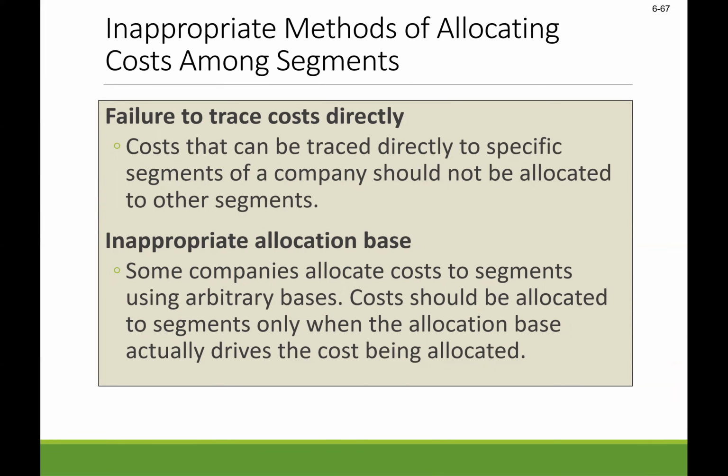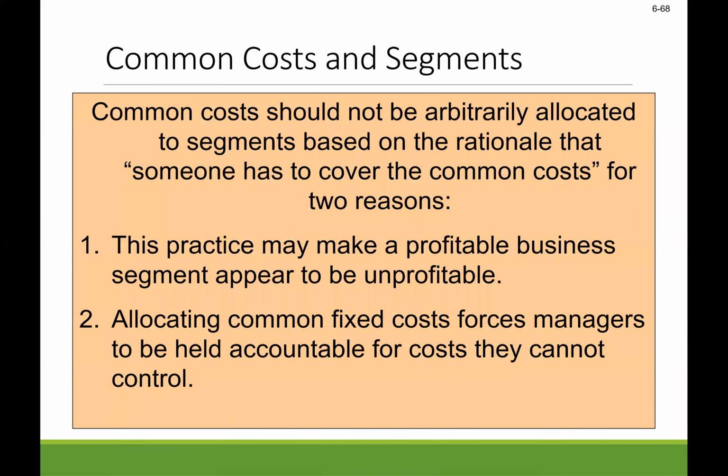Some companies allocate costs to segments using arbitrary basis. Costs should be allocated to segments only when the allocation base actually drives the cost being allocated. This practice makes a profitable business segment look unprofitable, and it makes managers accountable for things they can't even control.